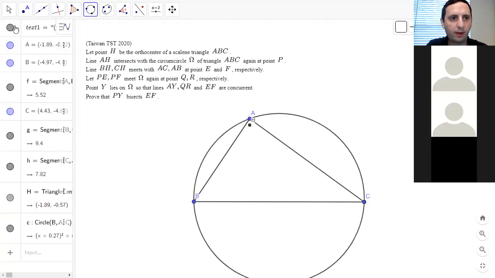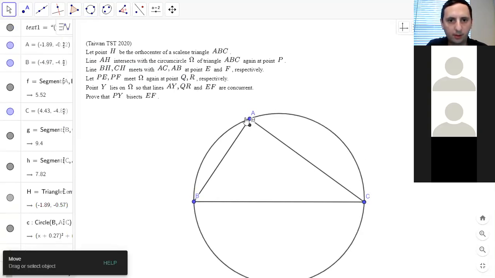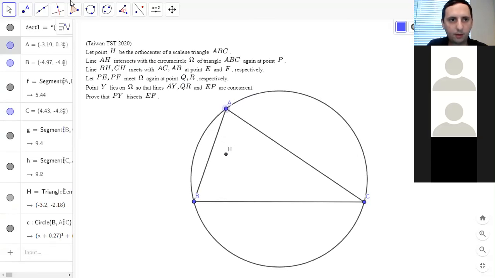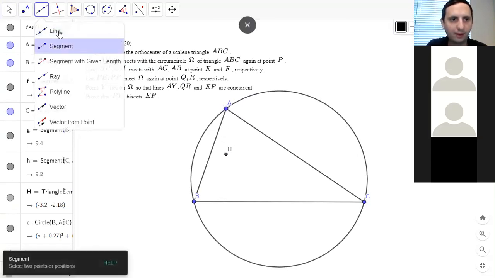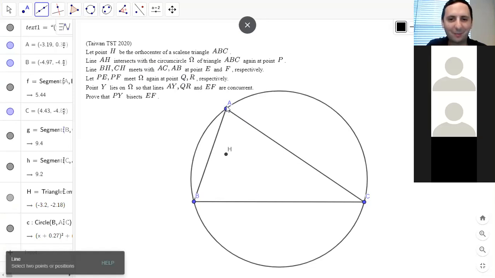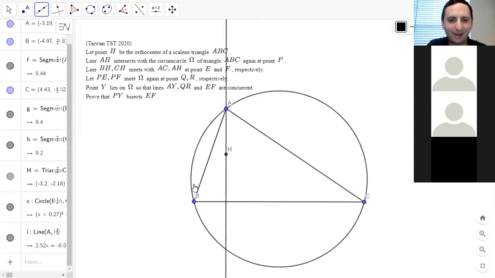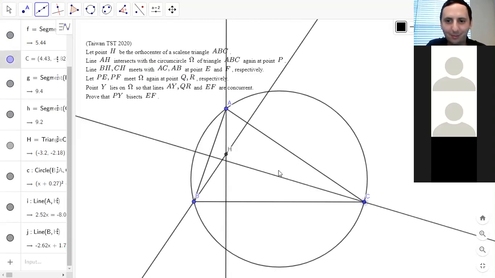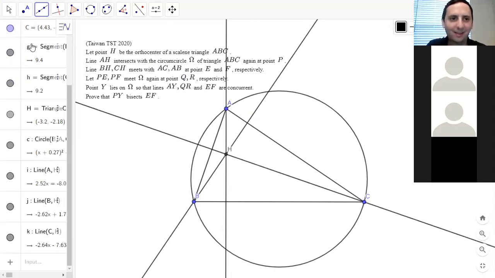Okay, so AH meets the circle at point P, and then BH and CH. This is also similar, right? You have a point, you let it meet the circle, and then you draw the other two Cevians.